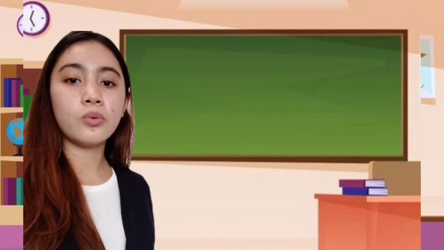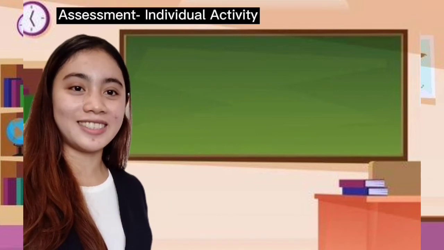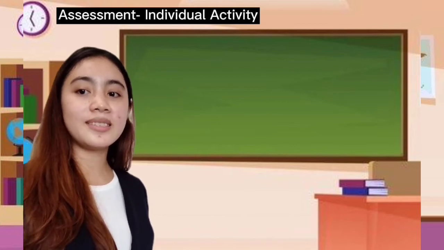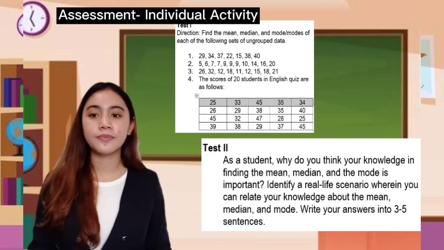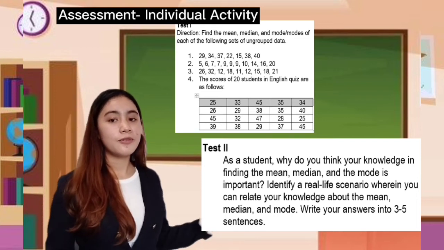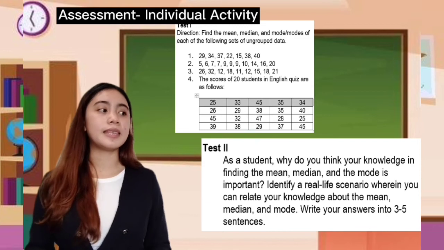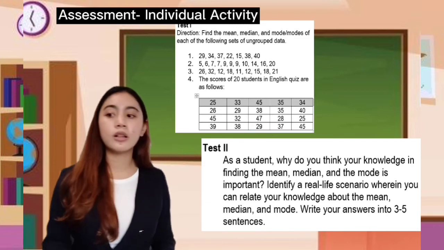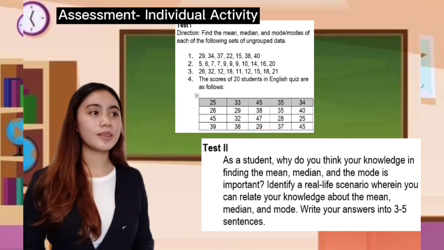And now, we will have an individual activity. Please read the direction for test 1: find the mean, median, and mode of the following sets of ungrouped data. Please get one whole sheet of paper.